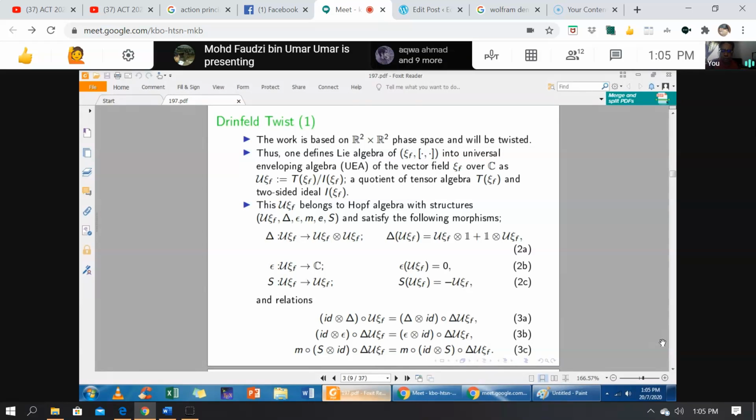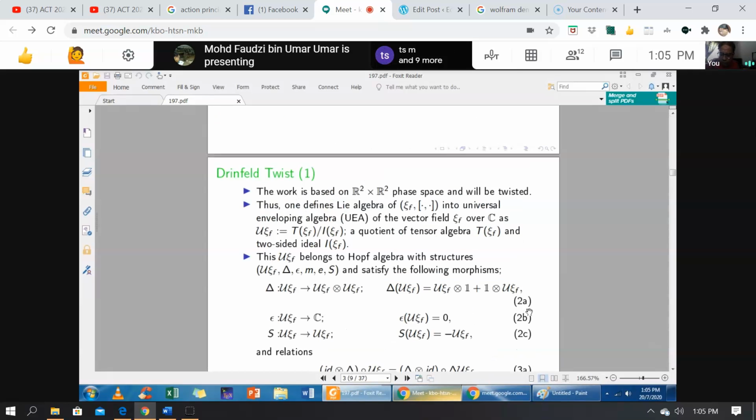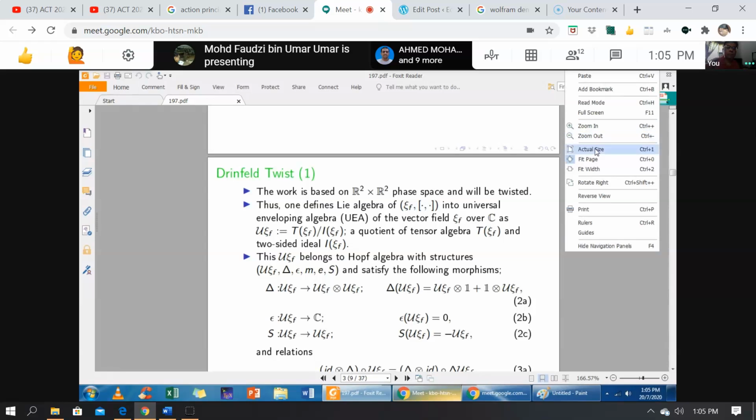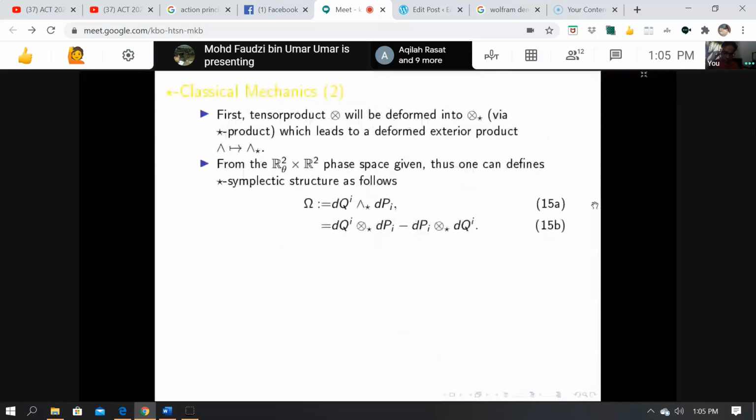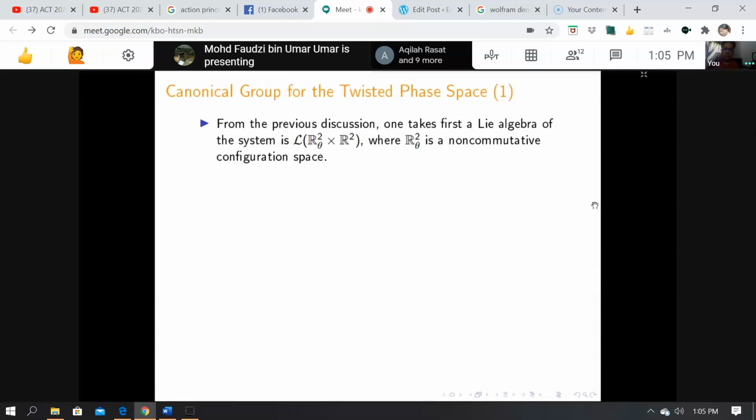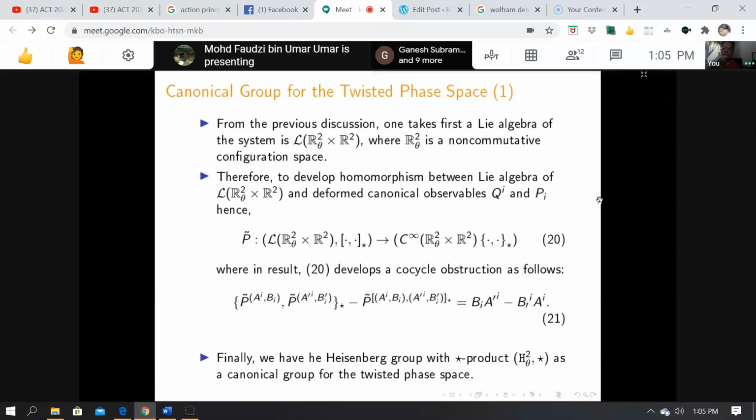Can you go back to where you start doing the co-cycle thing? Now I'm a bit confused here.